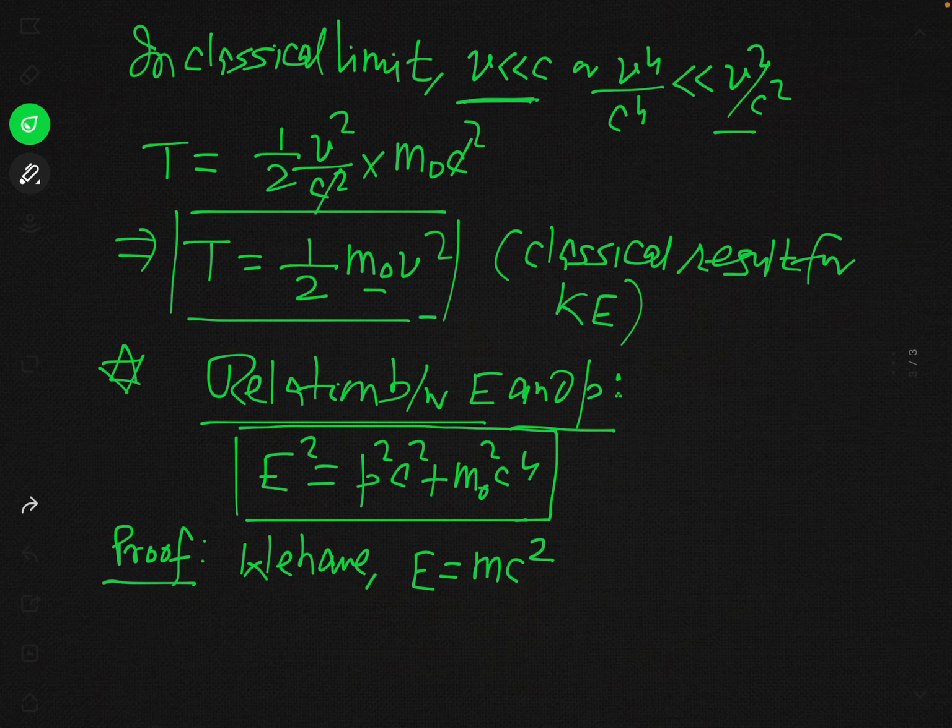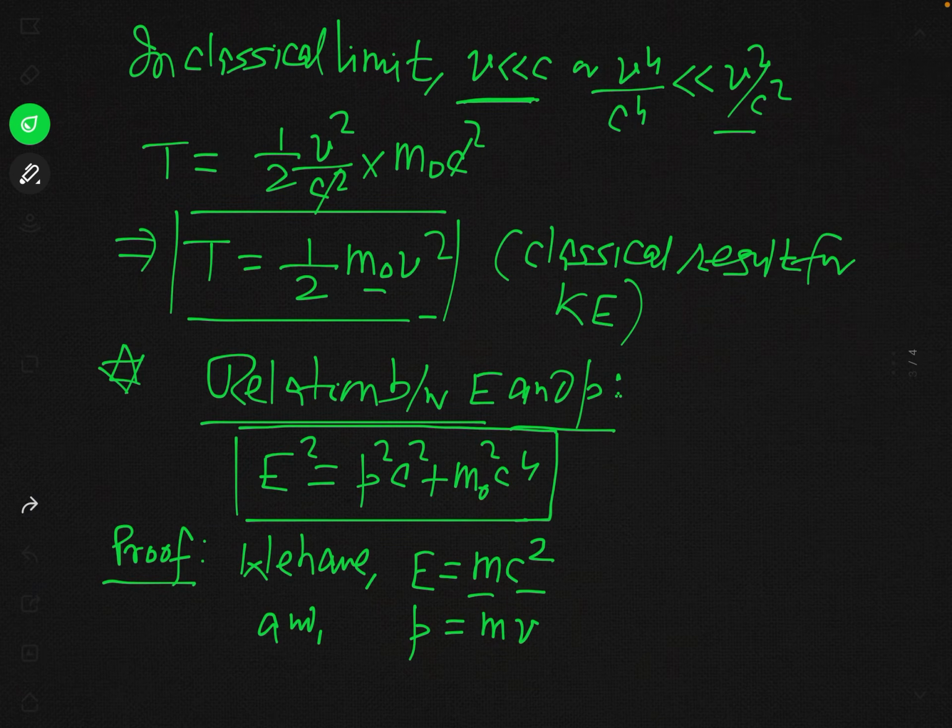E is total energy, and according to Einstein's mass energy equivalence relation, this E is equal to mc square. And you also know P is momentum, and if effective mass of our particle is m when it is moving with velocity v, then this P is simply equal to mv. So E is mc square and P is equal to mv.